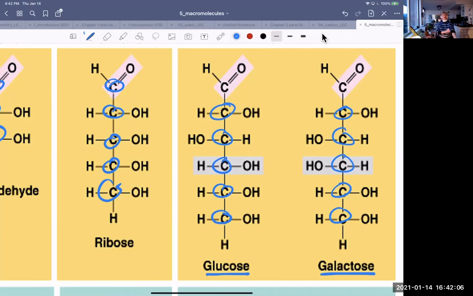You will never need to draw them as such. On the third carbon from the bottom, the OH and the H are replaced, aren't they? Yeah, so that gives them different properties. Glucose tends to be sweeter than galactose. Fructose has the same molecular formula. It's also a slightly different configuration, and it's sweeter than both of them. It's the sweetest one of the 3, fructose.